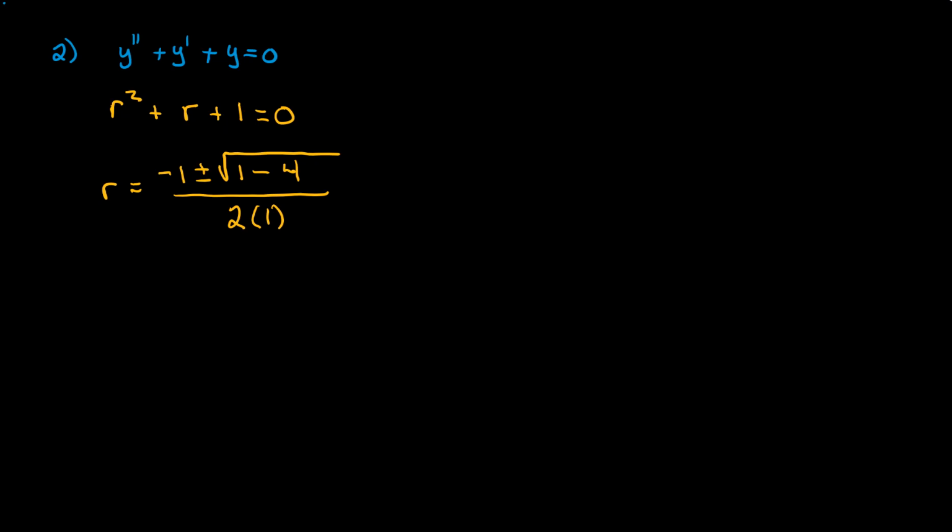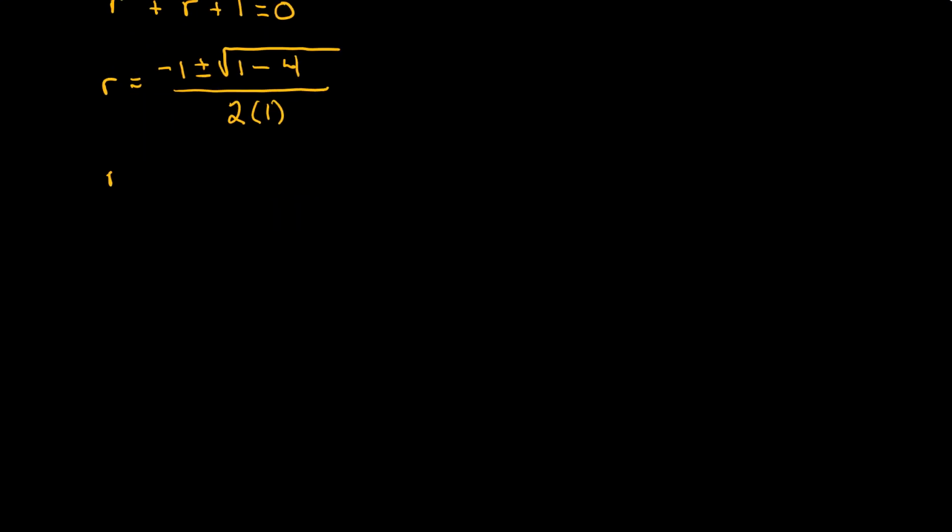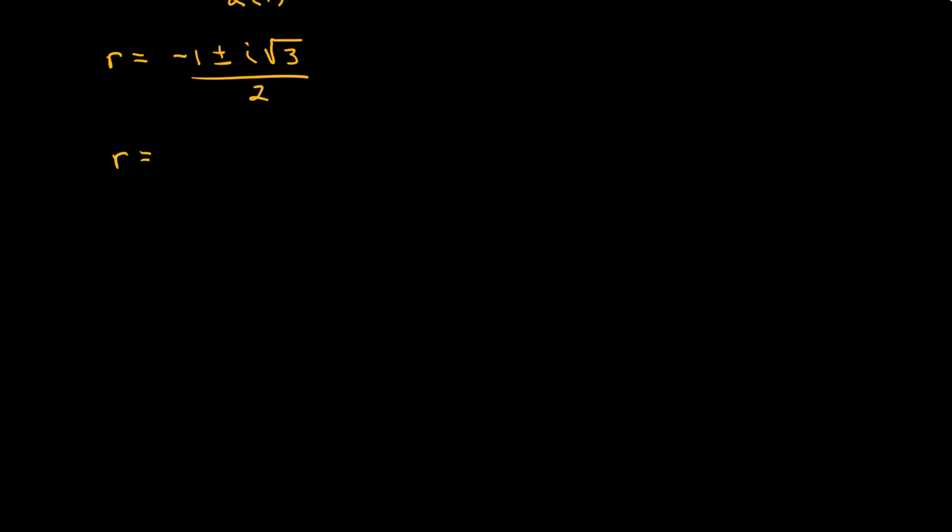Simplifying this, we wind up with our root equal to negative 1 plus or minus the square root of negative 3. So this is going to be i times the square root of 3 over 2, which means that our roots are going to wind up being negative 1 over 2 plus or minus the square root of 3 times i over 2. So there are our two roots.